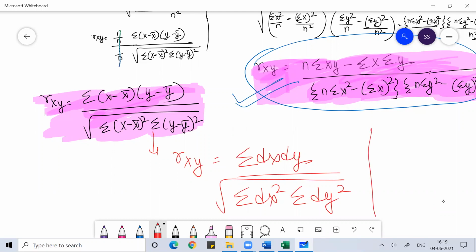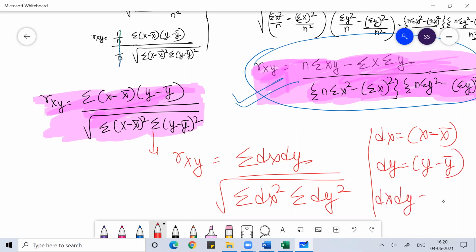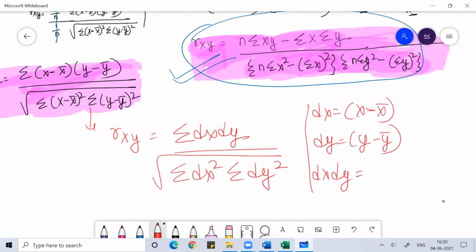In many books they write dx means x minus x bar, and dy means y minus y bar, and sum of dx dy is equal to sum of x minus x bar into y minus y bar.